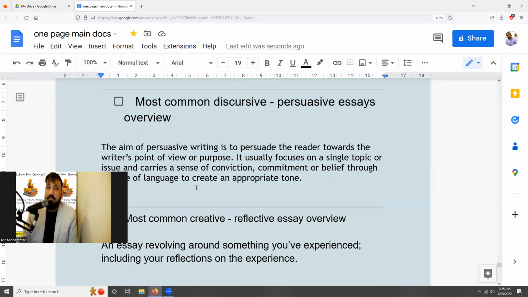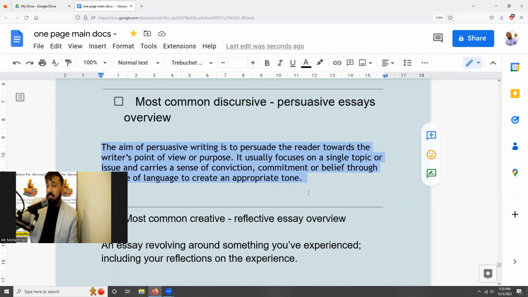It's not important to know what discursive means, but it's important to know that the first type is called persuasive, and what a persuasive essay is, very simply, is about persuading someone, about convincing someone to believe what you believe. It's about convincing someone that what you're saying, or what you believe about a certain topic or thing, is correct.